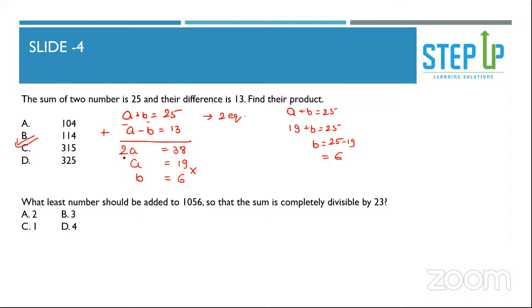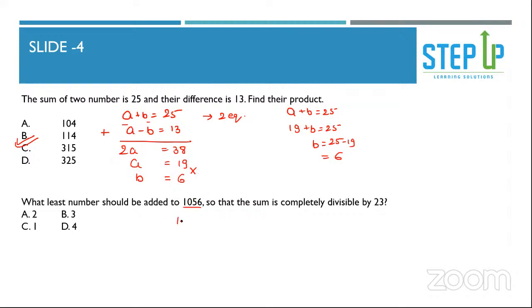What least number should be added to 1056 so that the sum is completely divisible by 23? I think it has to be a number. Let's check. What least number should be added to 1056 so that the sum is divisible?